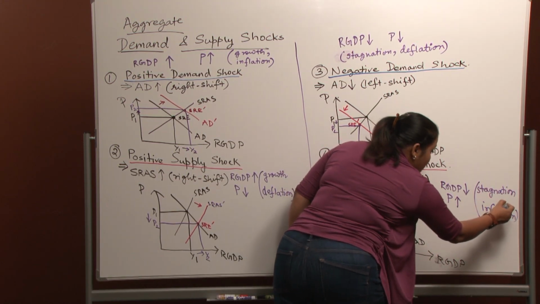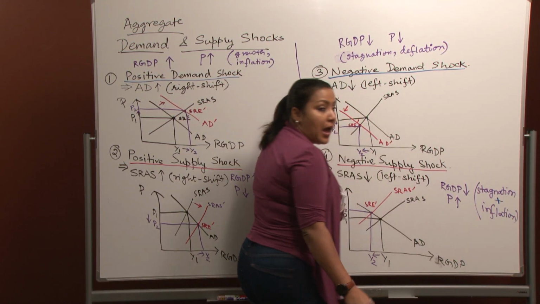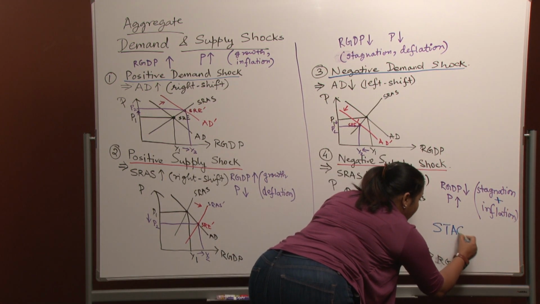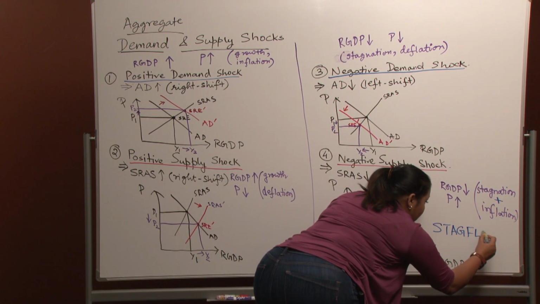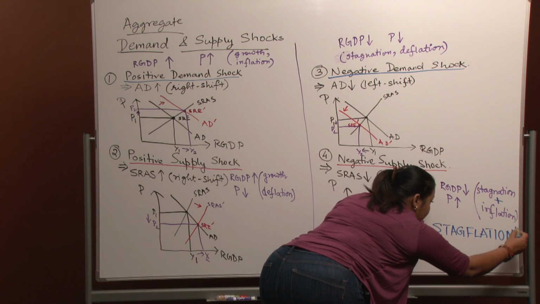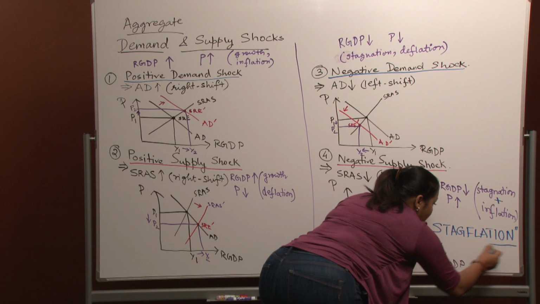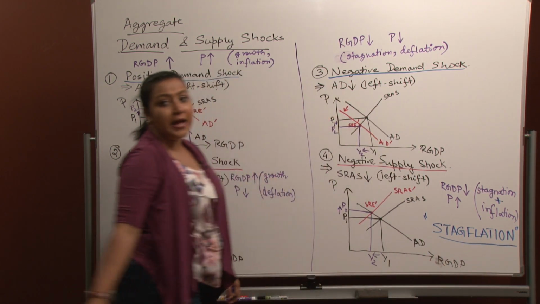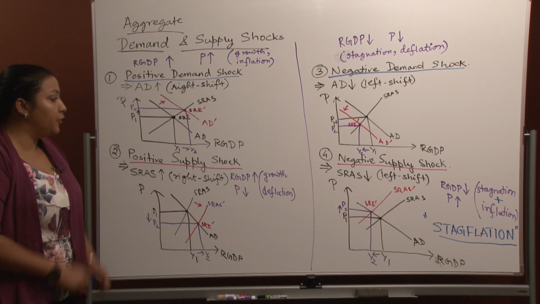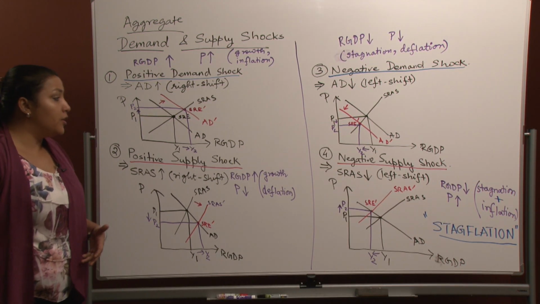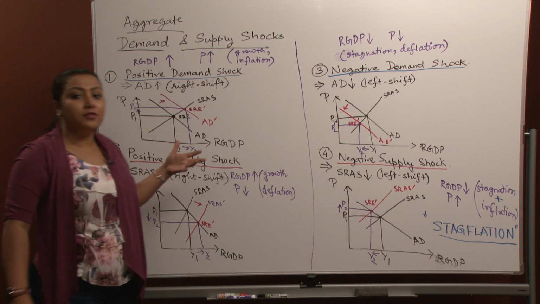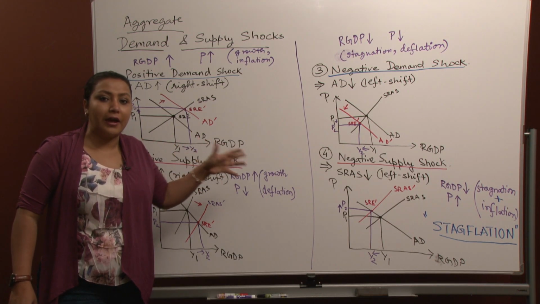Whenever stagnation and inflation happen together, this is also called stagflation. Stagflation, the two words combined together, stagnation and inflation. It is a very bad situation for the economy, which is driven by a negative supply shock. So the worst kind of shock is a negative supply shock, which causes stagflation.